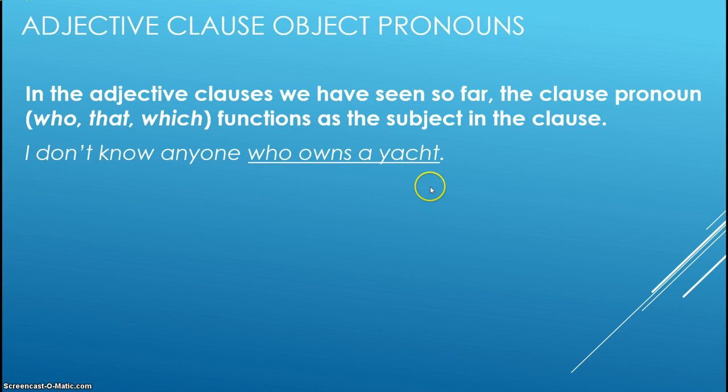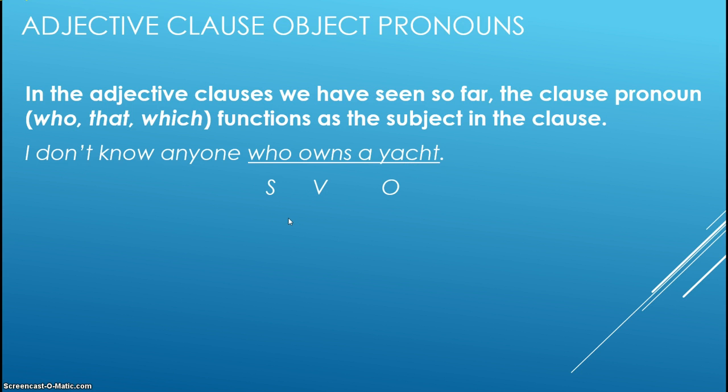Just look at my adjective clause only. In this little sentence, where is the subject? Where is the verb? Where is the object? You can see quite clearly here that who does this verb. Who owns, there's my verb, and then that's the yacht.